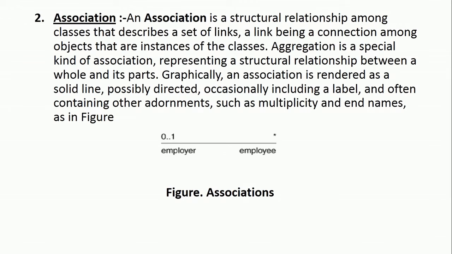Okay, so there are two terms, association and aggregation. So what is the difference?